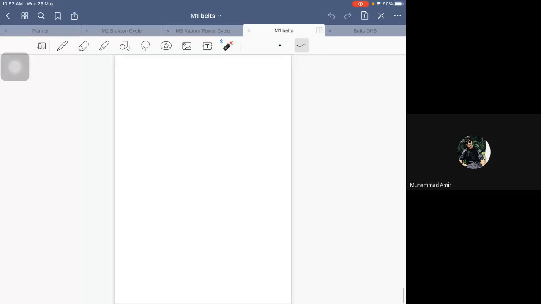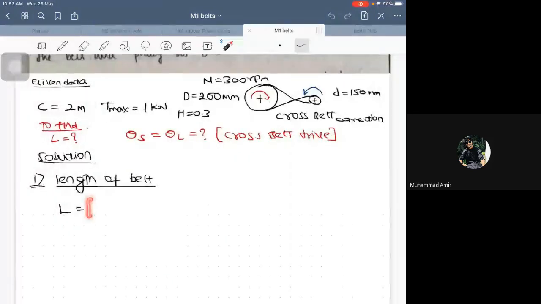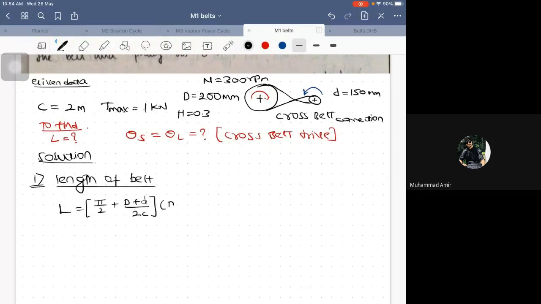The length of the belt is given by pi by 2 times (capital D plus small d) plus (capital D plus small d) whole square divided by 4c, plus 2c. I got this from equation number 14.2c from page number 290.